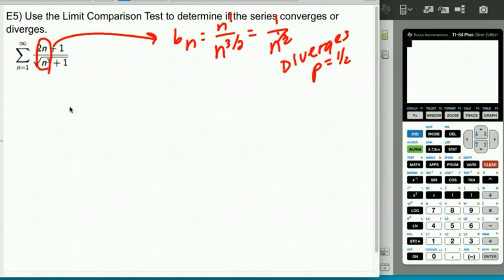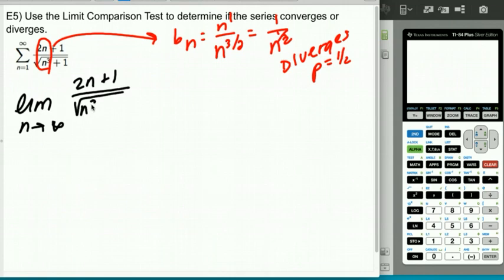If I jump right into the limit comparison test, because they specifically told me to use the limit comparison test, I can say, hey, 2n plus 1, this is over the square root of n cubed plus 1, divided by 1 over square root of n, and you could make it a square root of n, or you could make it an n to the 1 half, it really doesn't matter.